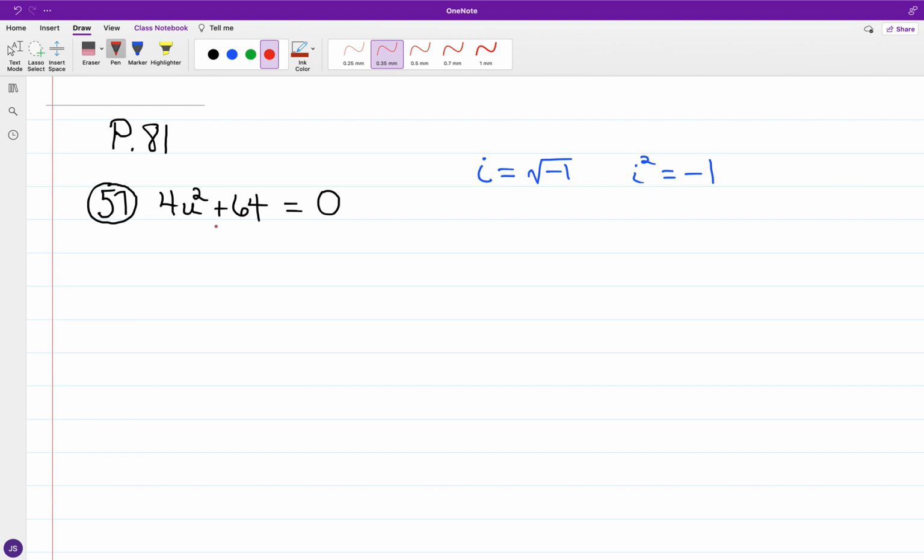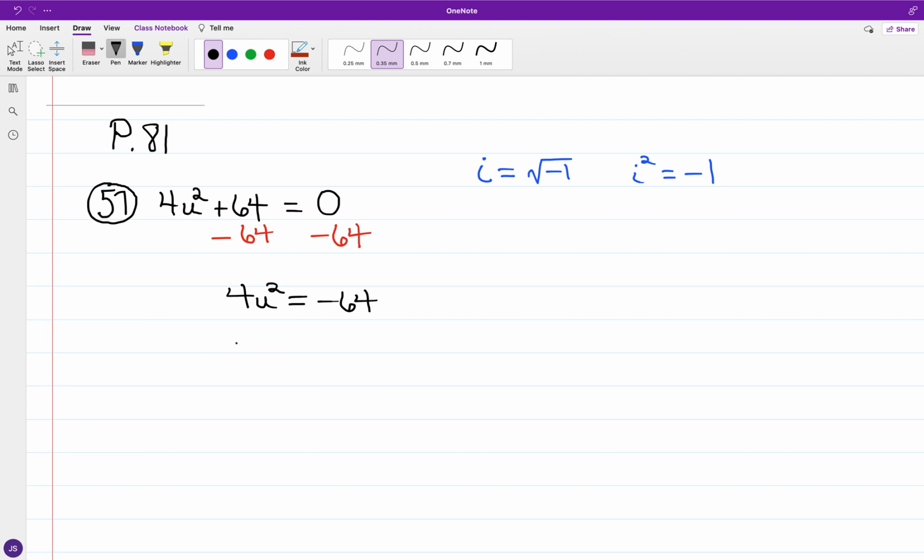We have a binomial of addition with 4u squared plus 64, and if I isolate the variable term, I can take 64 away from both sides. So to the left, 64 and -64 will cancel out, and to the left I'm going to have 4u squared. And to the right, I have -64.